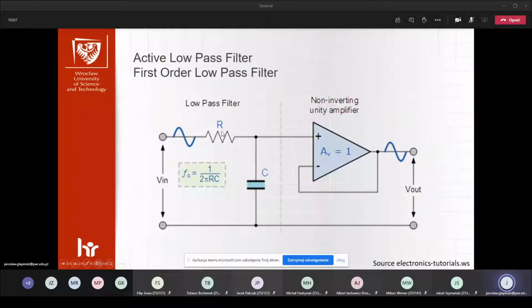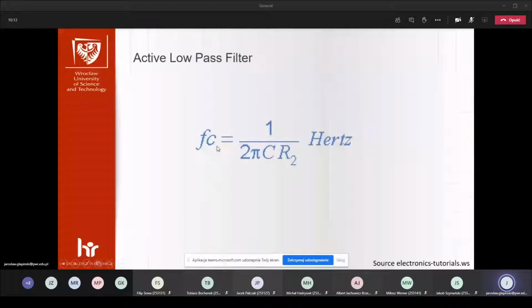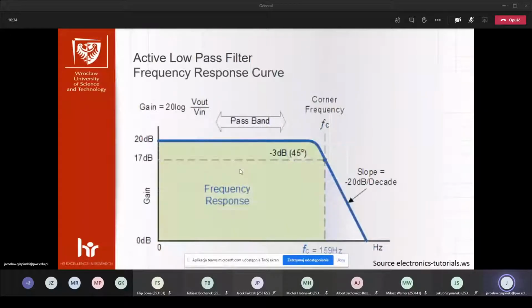Of course, this is the easiest example. Of course, you remember the cutoff frequency. This is the equation, with just two parameters, C and R. So it is not complicated to calculate the cutoff frequency.